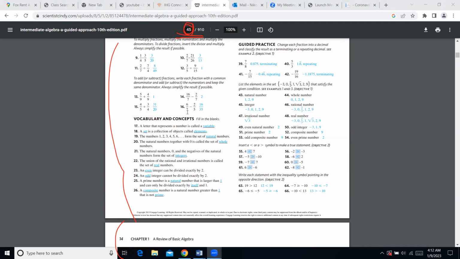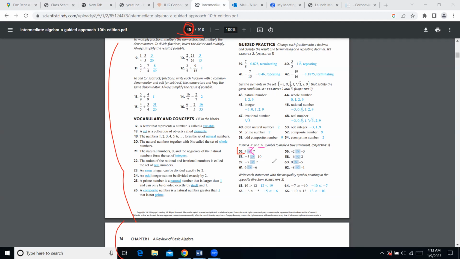For example, when you compare numbers, if I try exercise number 55, that says compare 4 with 7. Well, we say that 4 is smaller than 7. And that's it. It's just utilizing the smaller or greater symbols in order to answer the question.